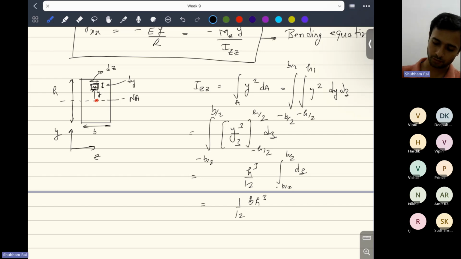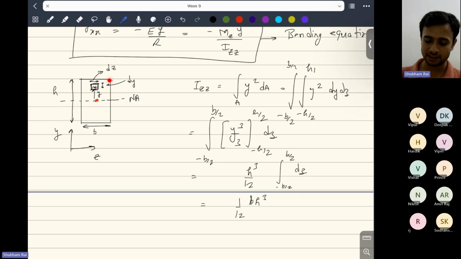So this is the second moment of area of a rectangular cross section. And just for the sake of memorizing this formula or using it fast in the questions, you can see that this h cube is the dimension which is intersected by this neutral axis.